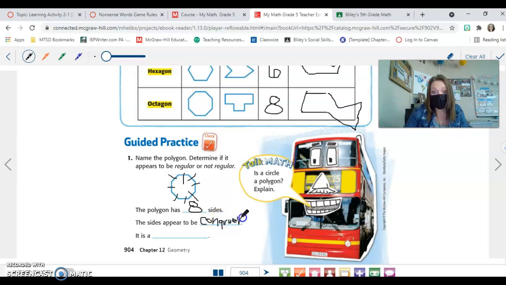And this appears to be a regular octagon, or not octagon, polygon, sorry. Regular octagon.